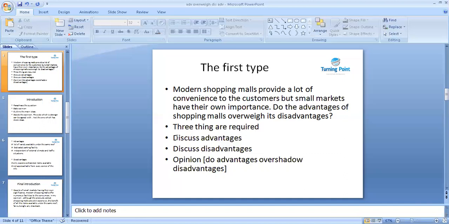While writing the complete essay, three things are required. First, we will have to discuss advantages, then we will have to discuss disadvantages, and at the same time, we have to give the opinion on whether the advantages overshadow the disadvantages or not.